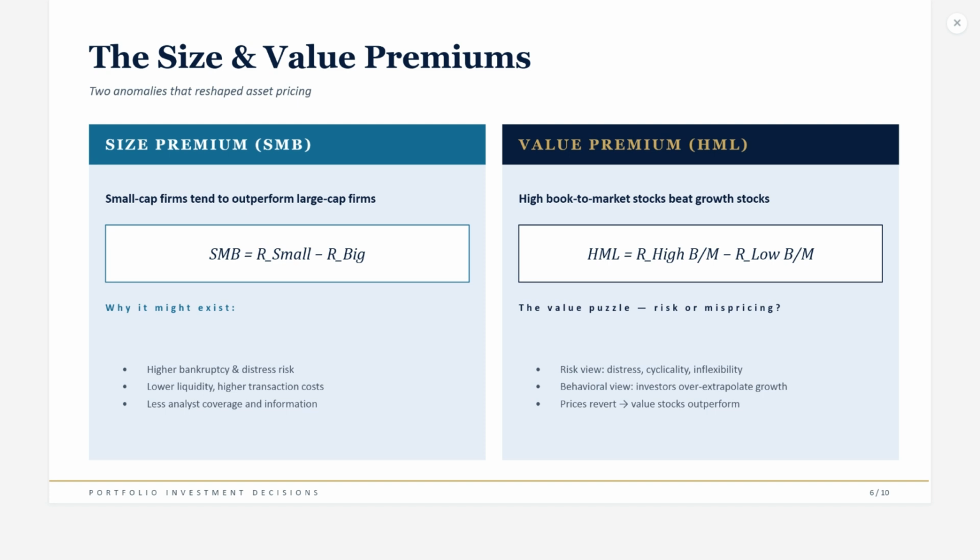The value premium, the value puzzle, can also be called mispricing. We can see the risk view as distress, cyclicality, and inflexibility. In the behavioral view, investors over-extrapolate growth, prices revert, which in turn makes value stocks outperform.